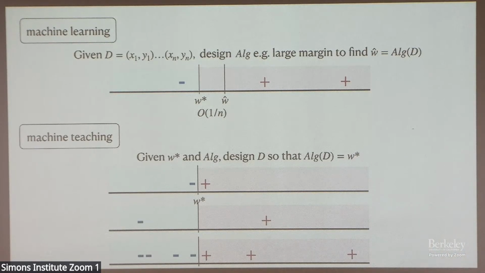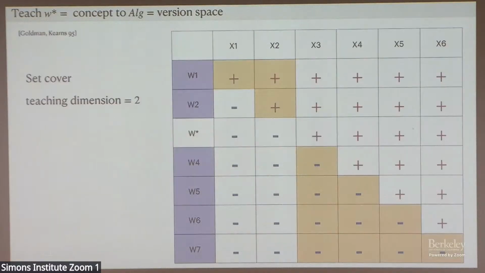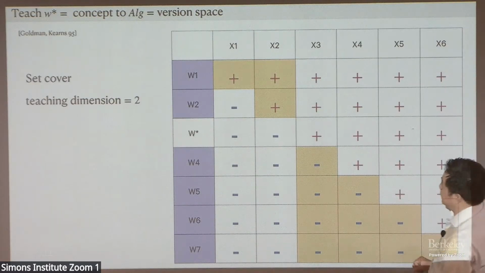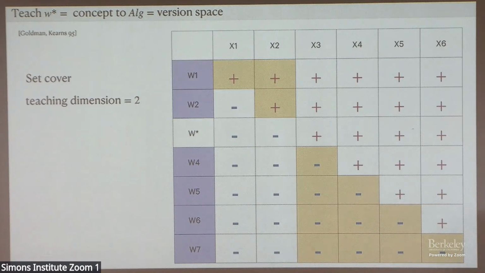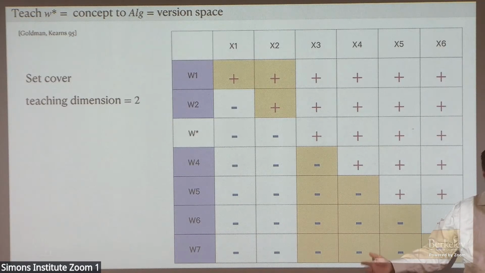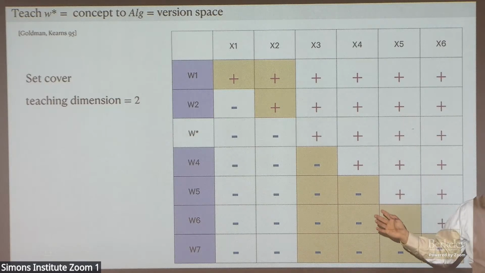That's like saying you can use X1 and X4 to teach. The reason it is no longer okay to use X1 and X4 to teach is because I subtly changed my learning algorithm. My student is now different. Previously, it was a large margin SVM type of learner. Now I changed it to be this version space learner.